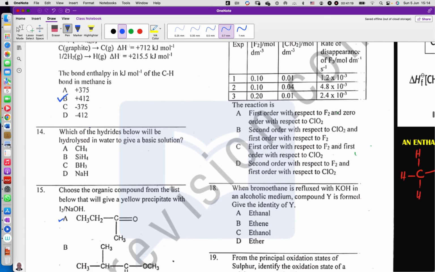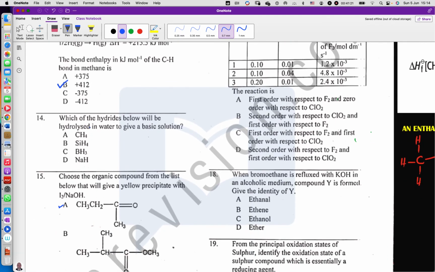Now, question number 14. Which of the hydrides below will be hydrolyzed in water to give a basic solution?